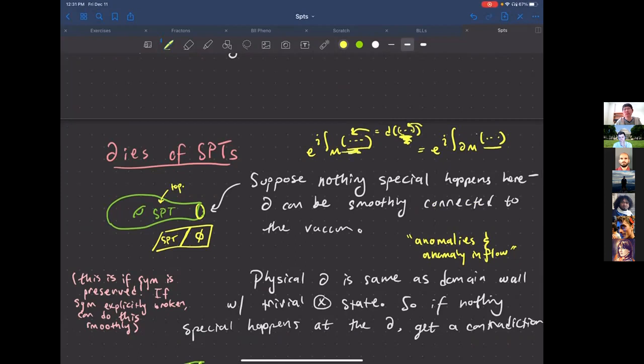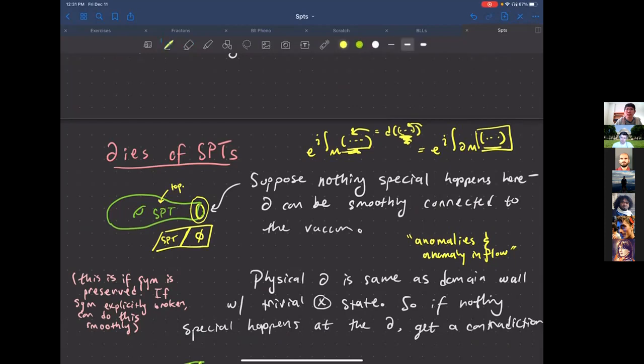And so the thing that I get when I look at the boundary is not well defined. And this means that the boundary theory by itself is not well defined. So it doesn't really make sense to consider the boundary theory by itself. And that's another way of saying that the thing on the boundary has to be special in some way.